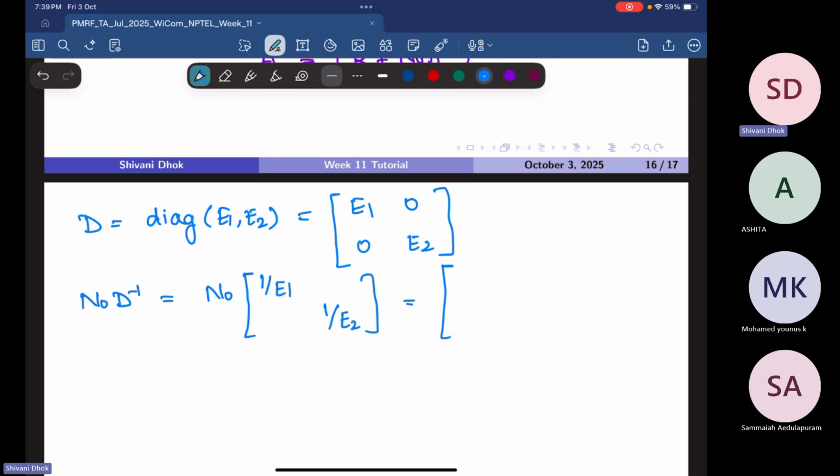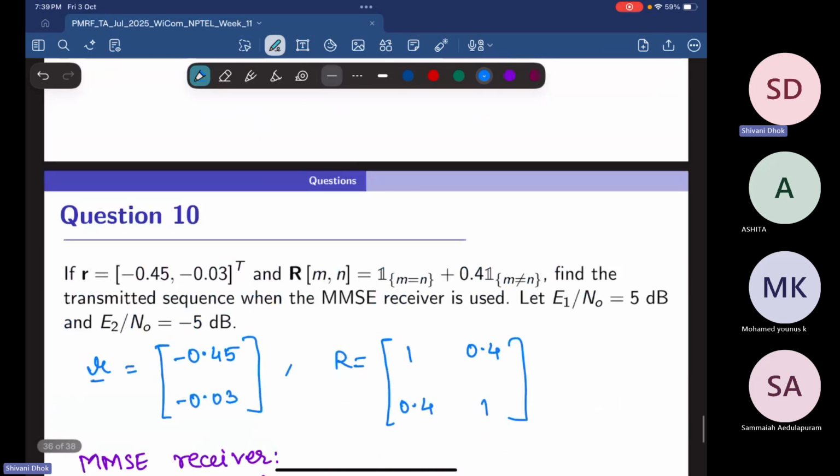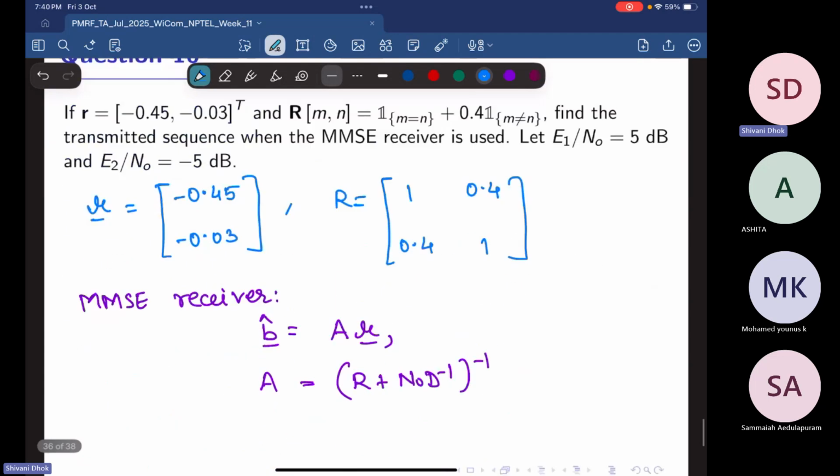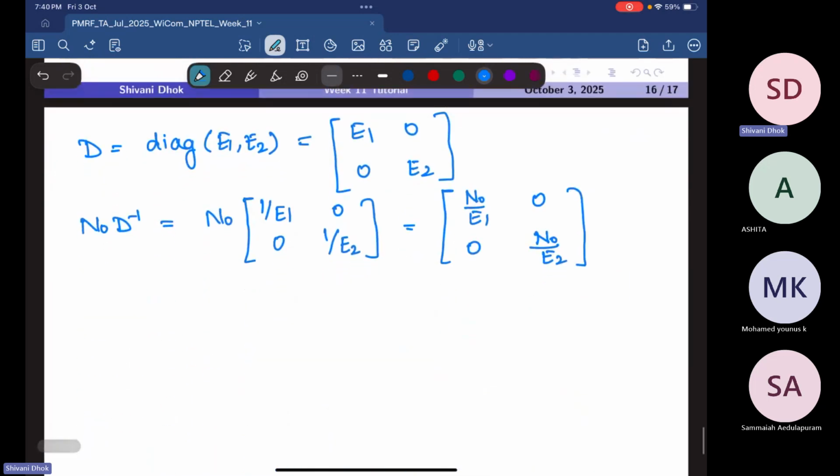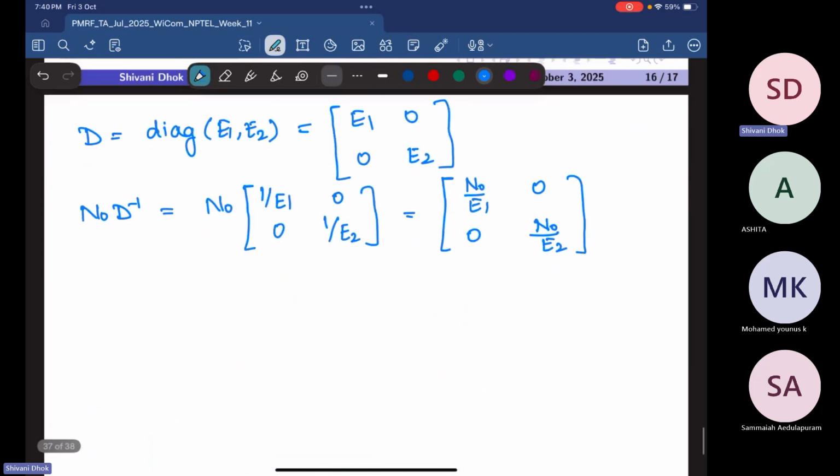So this is nothing but N naught by E1, 0, 0, N naught by E2. The information about E1 by N naught and E2 by N naught is sufficient for us.